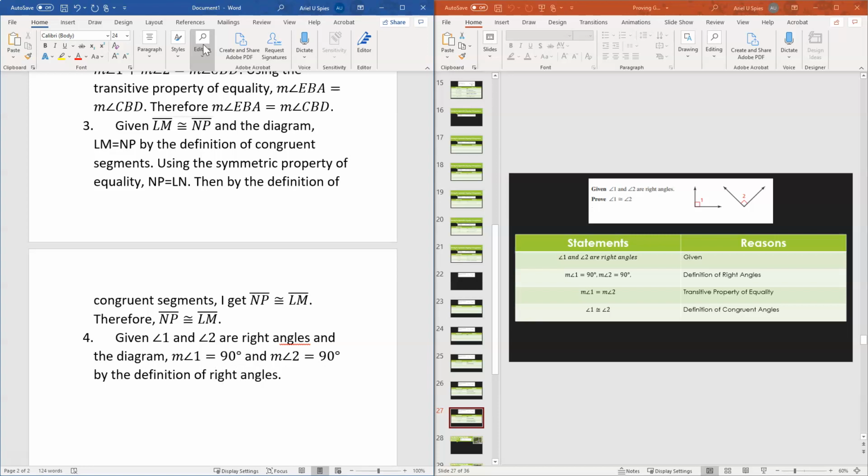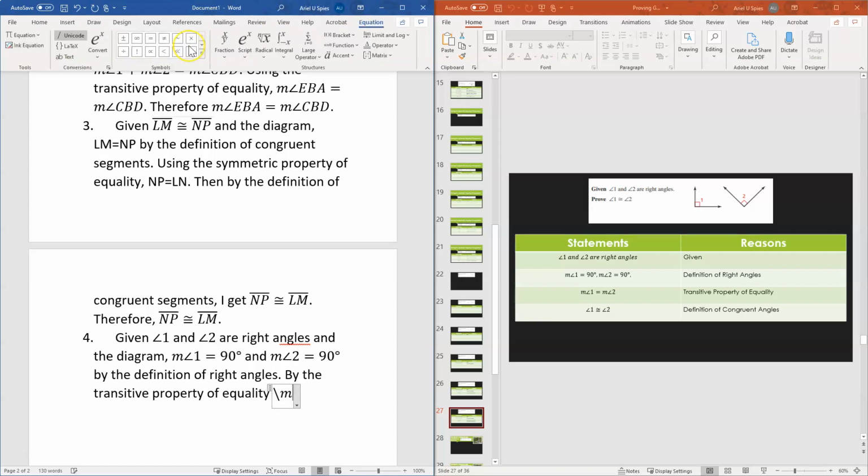Then I can say by the transitive property of equality, I don't want to capitalize these words if I didn't capitalize them in the sentence. Measure of angle 1 equals the measure of angle 2.